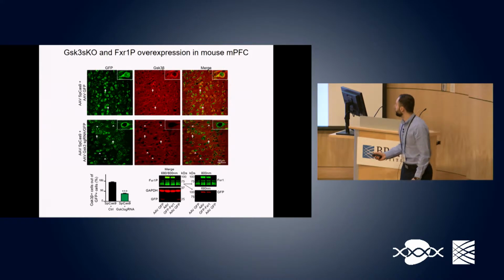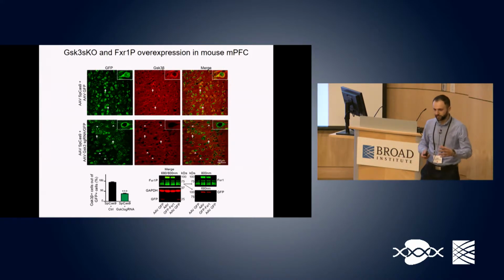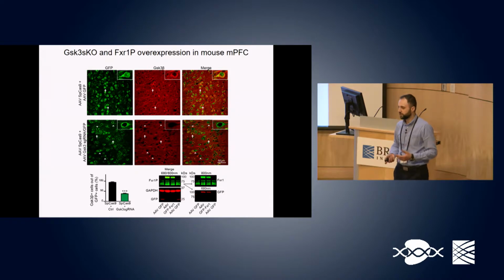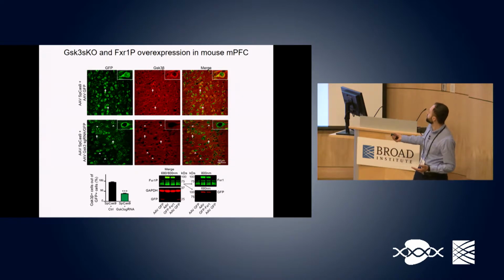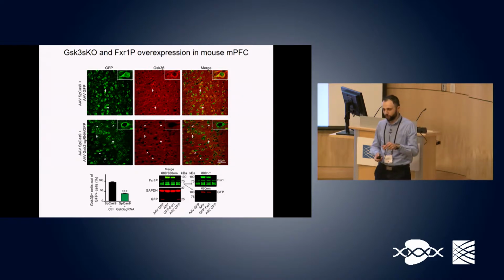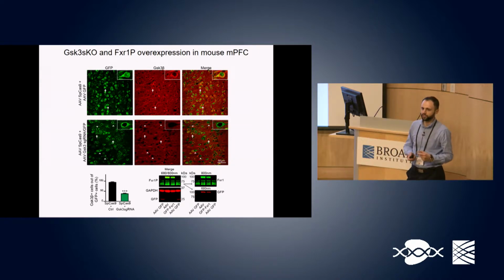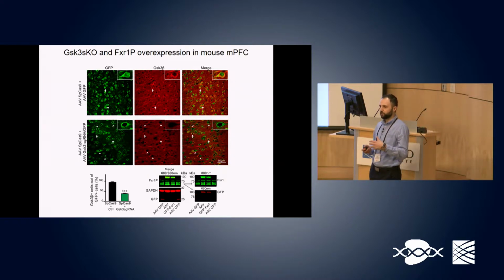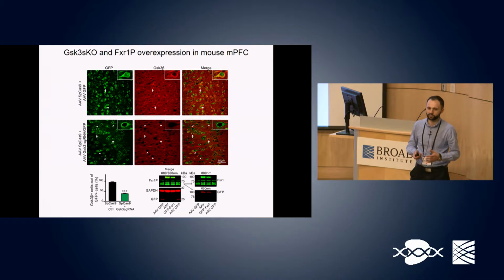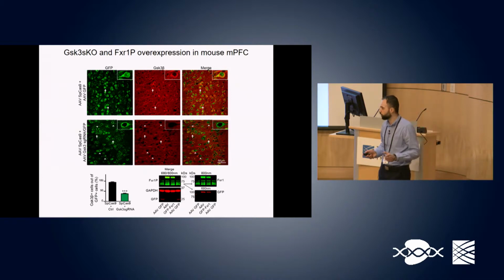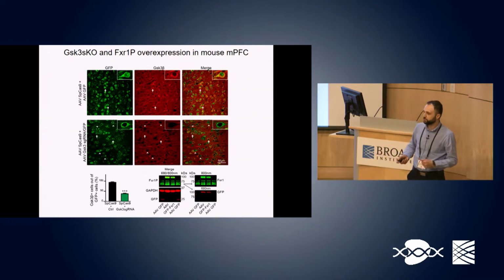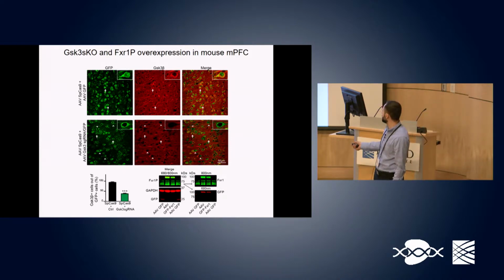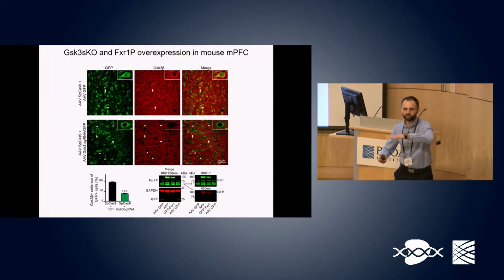The first thing we looked at is whether we could efficiently induce the knockouts. So, for example, in this case for GSK3, we performed immunostaining and quantified the presence of the protein. And out of all the cells that were infected by the viruses, we found that 63% of them were devoid of GSK3 protein. This was quite a high percentage for us. And to detect the overexpressed protein, we simply looked by Western blot to detect GFP-tagged protein bands.